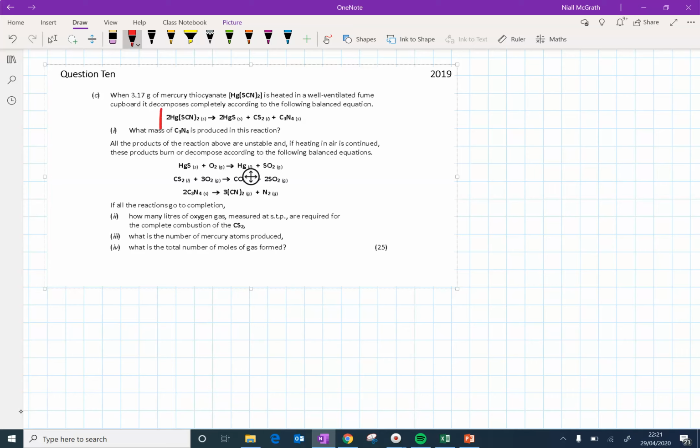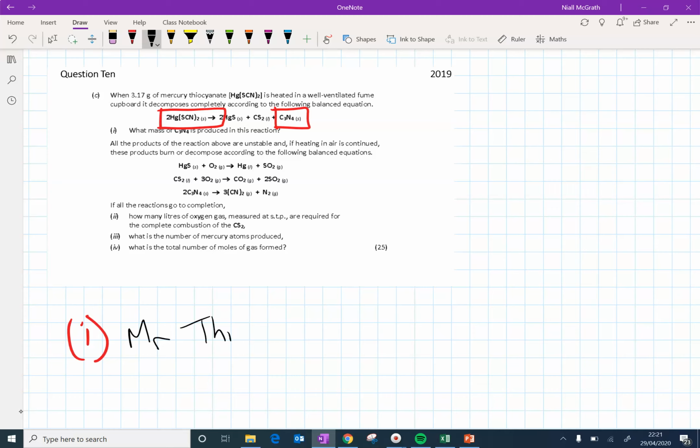So we have the information we need about our mercury thiocyanate. We're trying to find out about this C3N4 over here. For part 1, the relative mass of mercury thiocyanate is 317.